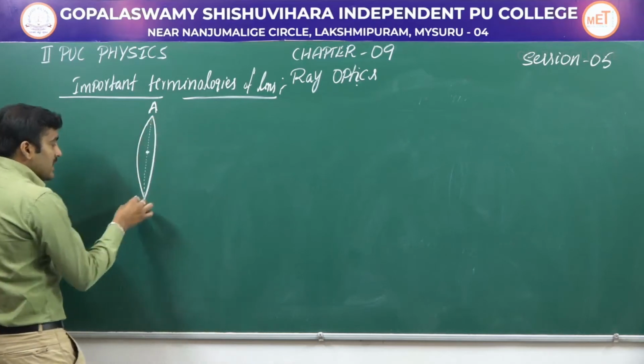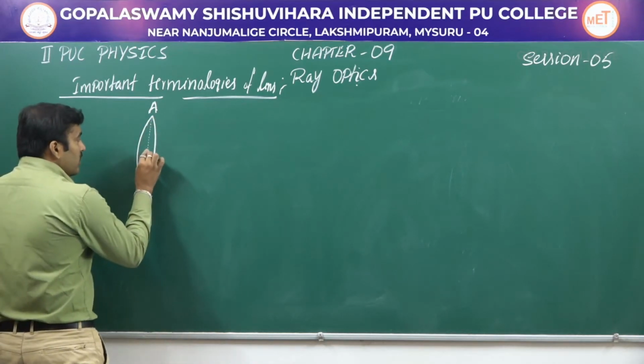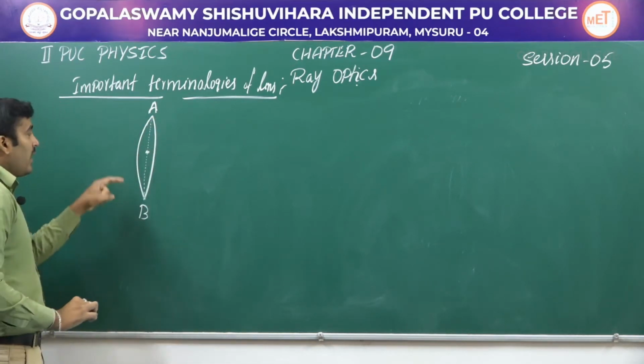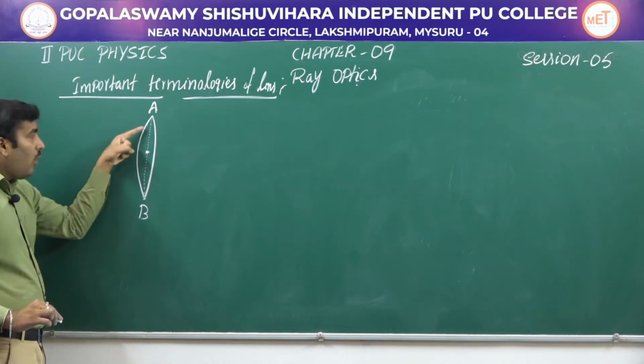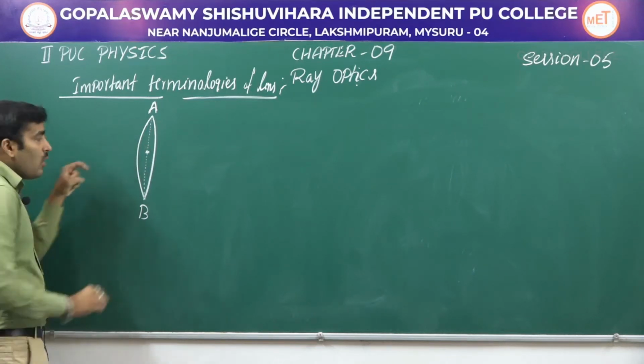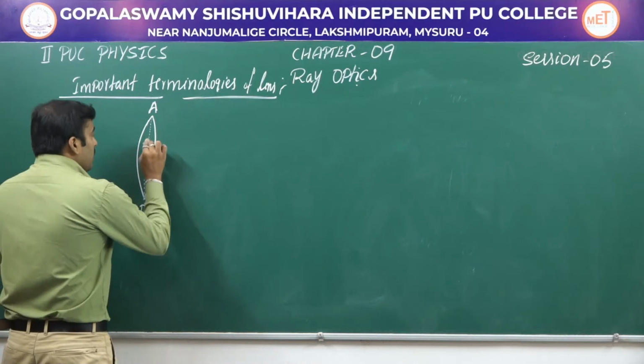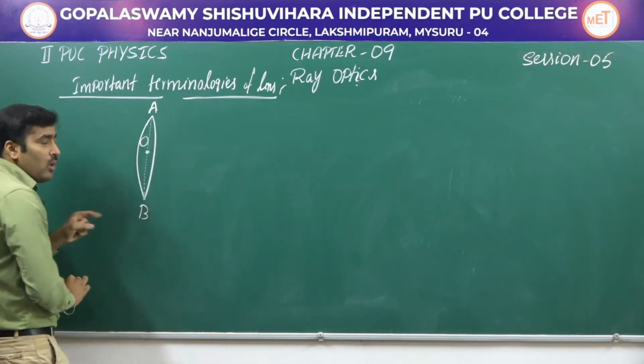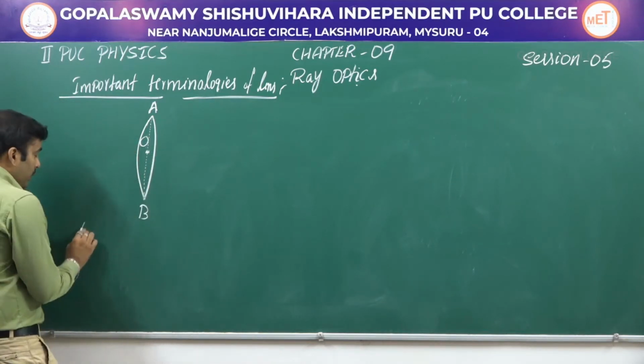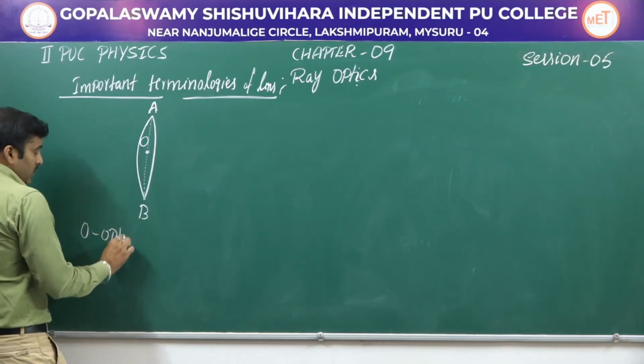After joining this line, if I point out the geometrical center, this geometrical center of the lens is called optical center. Let me name this as O. So this O is called optical center.